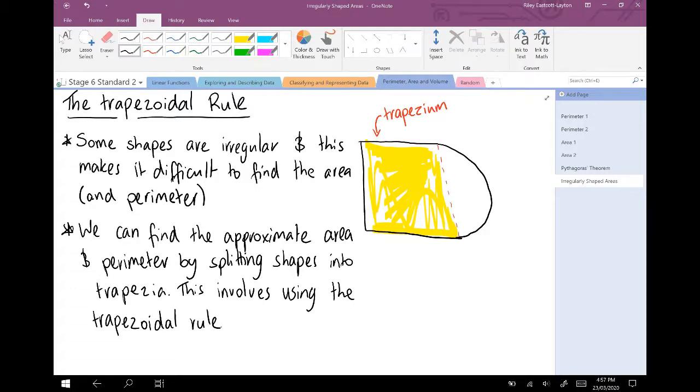This process isn't perfect, and there's going to be some sort of error, and we just need to be aware of that. The way that we minimize this error is we get more trapezia and fit them into our shape. We'll look into specifically what I mean soon.